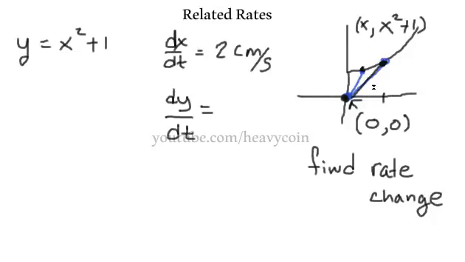Now, what we need to do is find the distance between this point and the point on the graph, and that means that we're going to use the distance formula. And instead of writing d, I'm going to write r here.